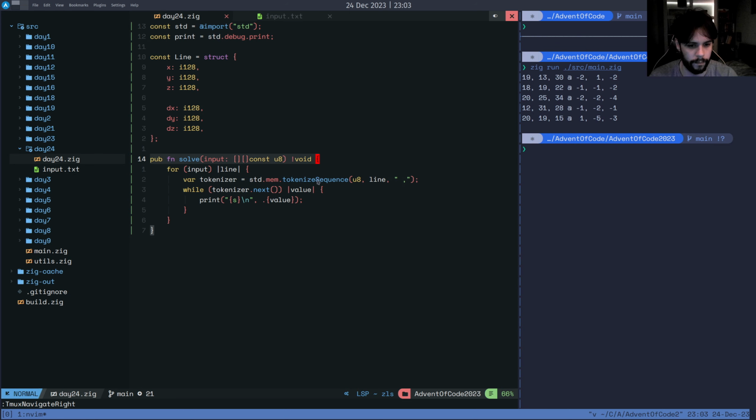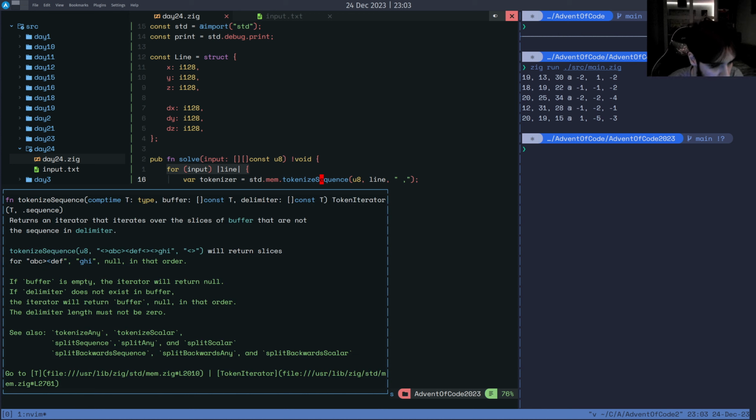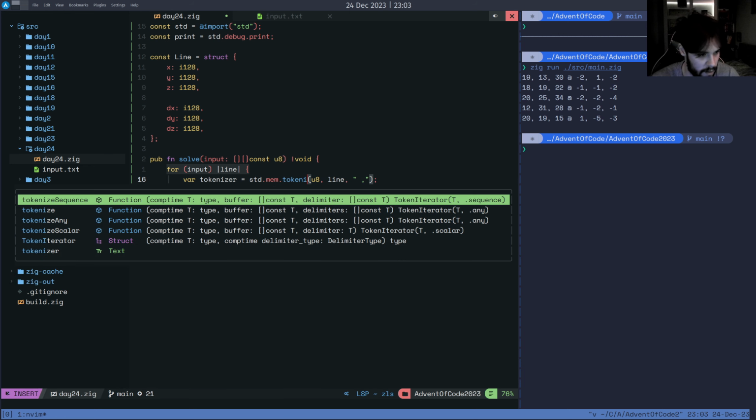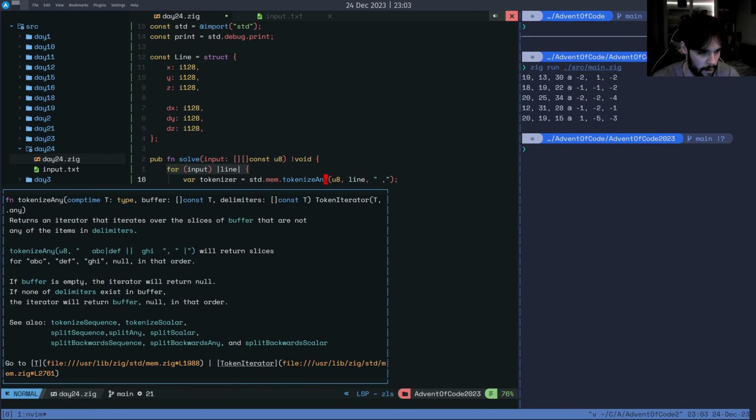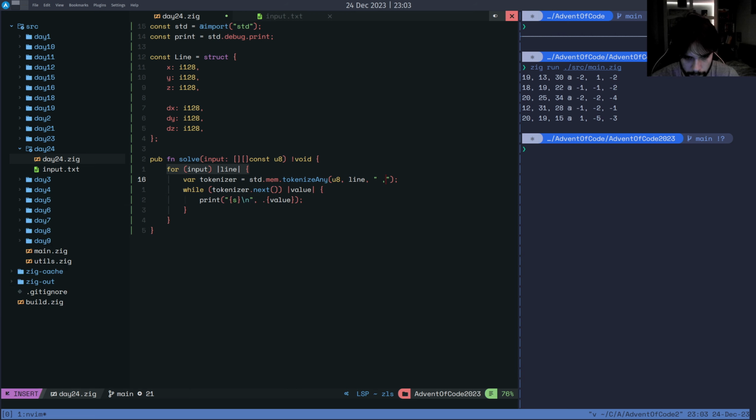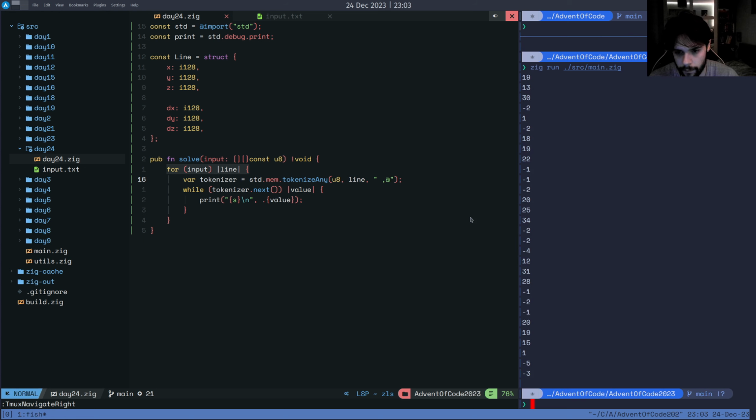No. It takes a buffer and sequence delimiters, I guess, but is there a tokenizeAny? Yeah, I think it's tokenizeAny. Okay, perfect.